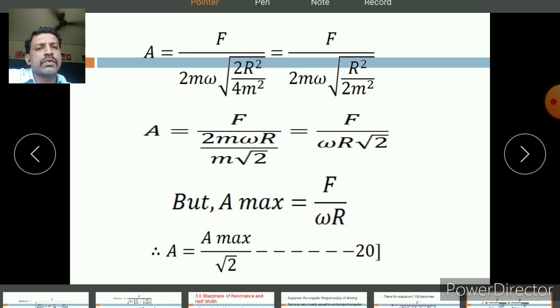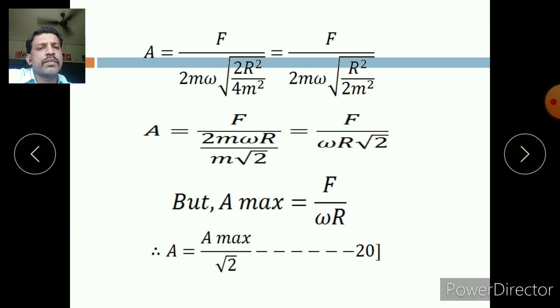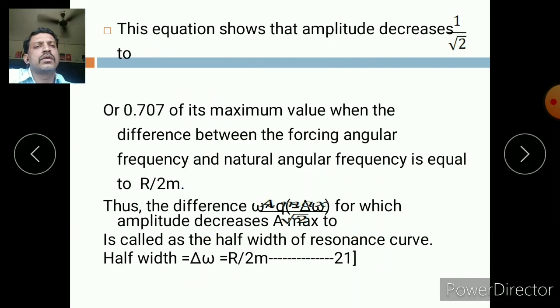But A max equal to F upon omega r. Therefore we say that A equal to A max upon root 2. This equation shows that the amplitude decreases to 1 by root 2, or 0.707, of its maximum value when the difference between the forcing angular frequency and the natural frequency is equal to r upon 2m.